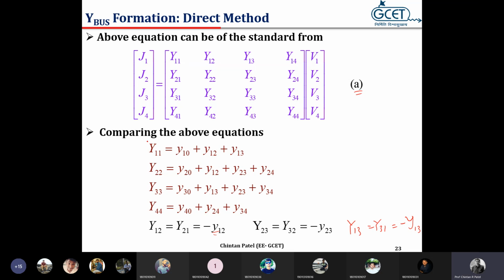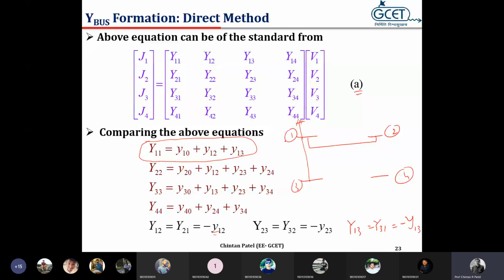Now, if you look closely, what is Y11? Let me show you in the form of network. Okay, here there is a connection, here there is a connection, and there is a connection between ground and bus number 1. 1, 2, 3, 4.